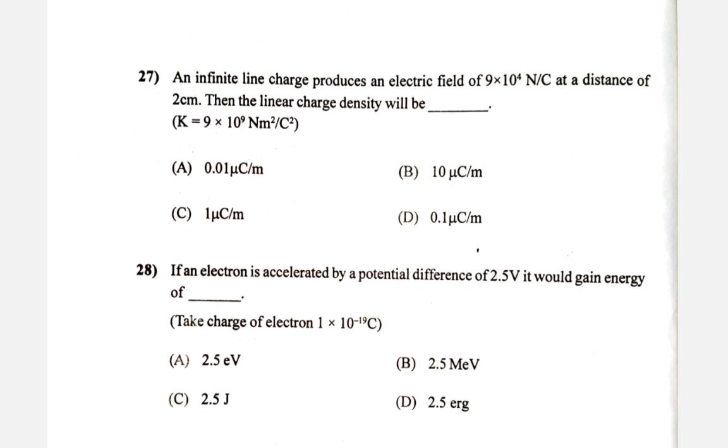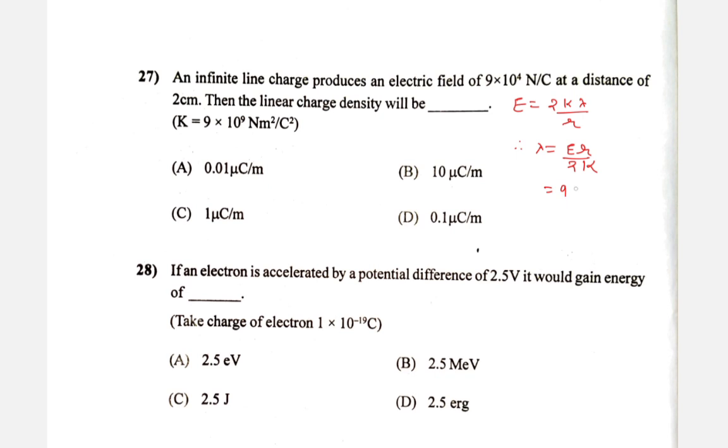An infinite line charge produces an electric field of 9 into 10 to the power 4 Newton per Coulomb at a distance of 2 centimeter. Then the linear charge distribution will be. So we know that for a linear charge distribution, E is 2k lambda by r. Therefore lambda is equal to E into r divided by 2k.